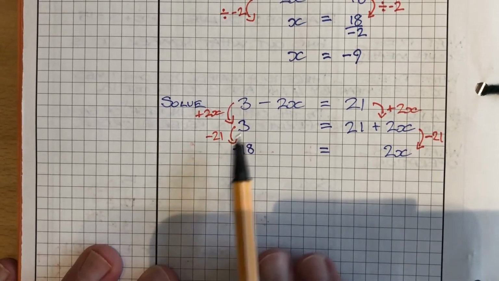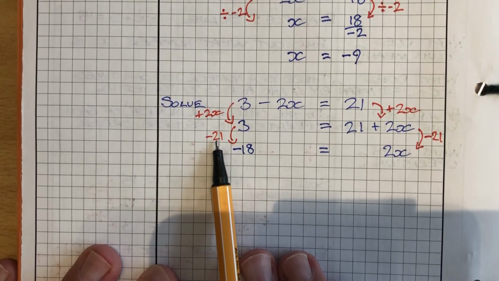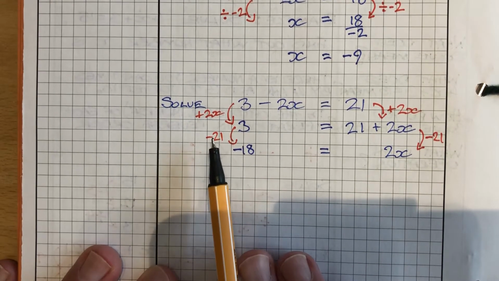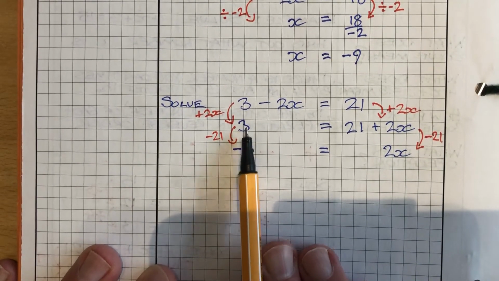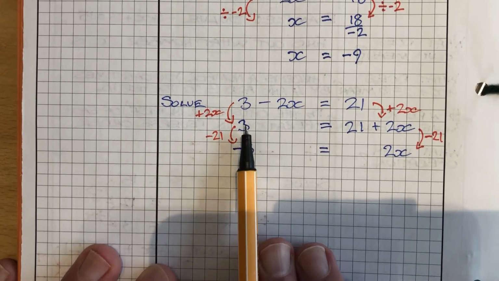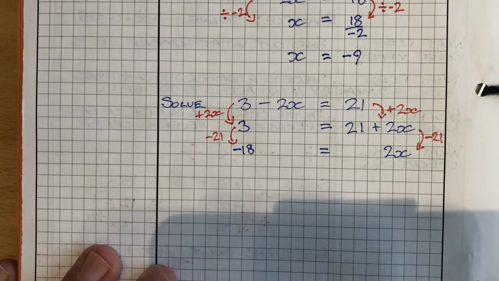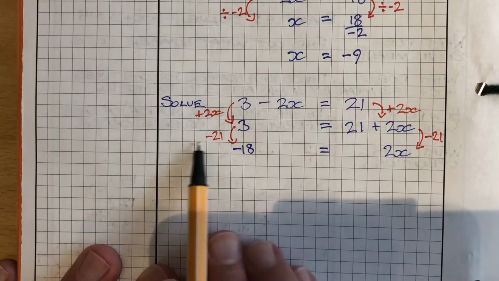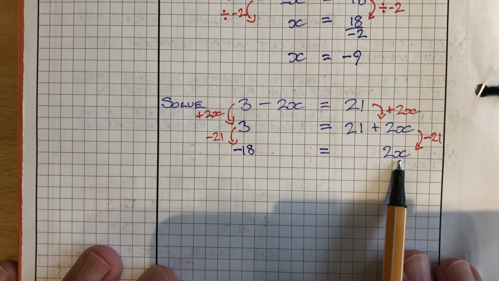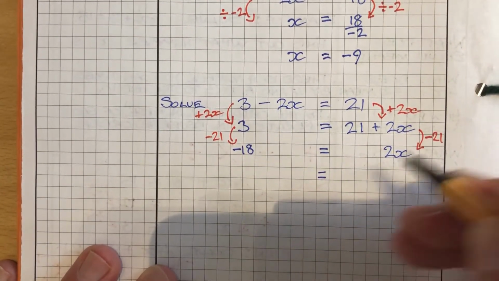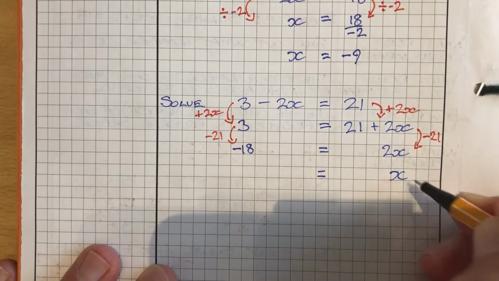That's one way of dealing with negative numbers. Personally though, I like to say, well, it's 21 in one direction and 3 in the other direction. The distance we're going to travel is 21 take away 3 is 18. In which direction? Well, we go down more than we go up, so it's going to be negative 18. All right. What does this say? Well, I'm going to read this back to front. 2 lots of my number is negative 18. I don't want 2 lots of my number. I want my number on its own.